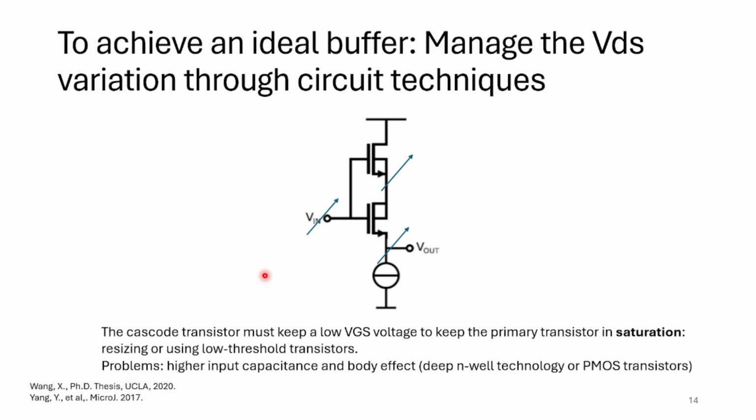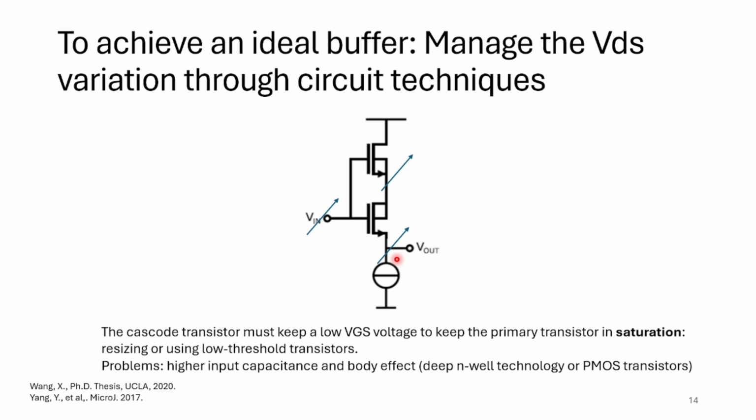The problem with this configuration is that you have more input capacitance, which limits your speed because of this transistor. Also, the body effect could be a problem, so you can use deep N-well technology or PMOS if you have that in your PDK.